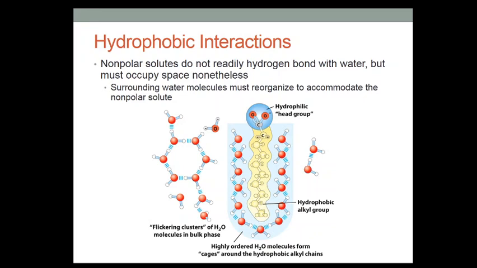But, the big but here is that your polar solutes like sodium chloride compensate for those lost water-water hydrogen bonds by forming new solute-water interactions. The net change in enthalpy in this case for dissolving polar solutes is generally small.